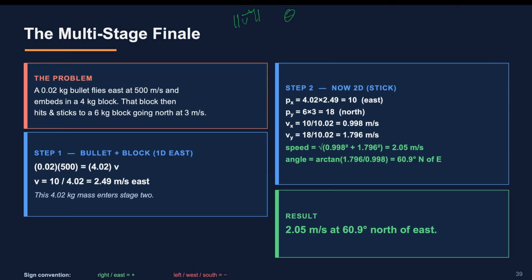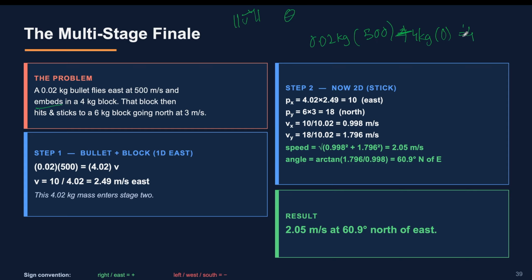So 0.02 kg times 500 is equal to what? So this plus 4 kg times 0, right? Because the 4 kg block doesn't have any velocity. It's going to be equal to, since it's a perfectly inelastic collision, because it embeds itself in the block, right?